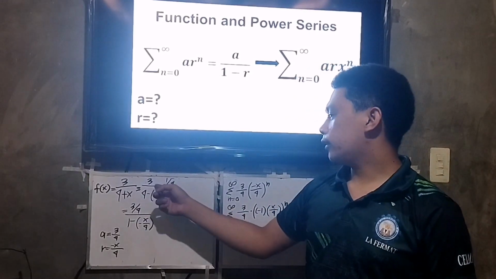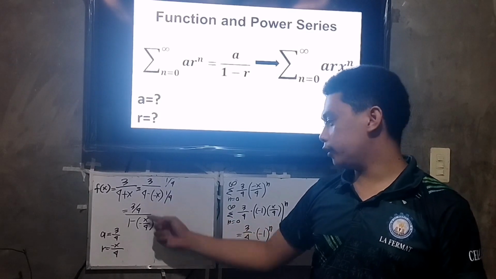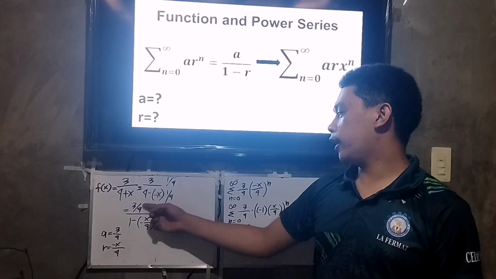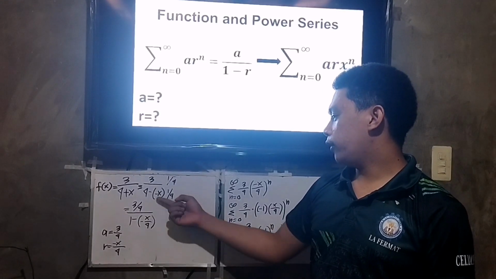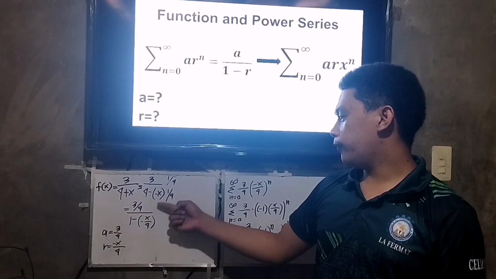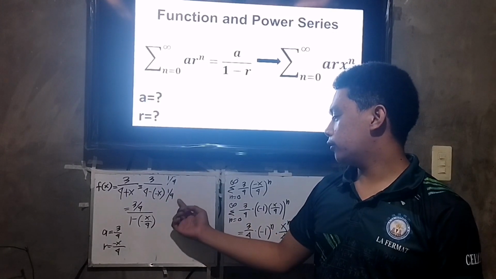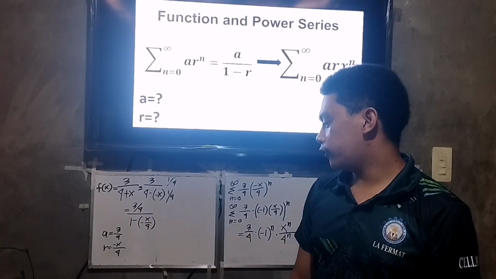So 3 times 1 equals 3. Copy the 4, it becomes 3/4. The 4 becomes 1, since we multiplied by 1/4. Minus, negative x times 1 is x. Then copy the 4, so negative x over 4.